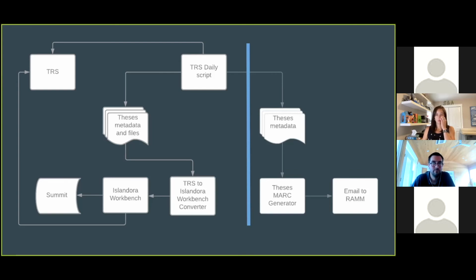And this little custom script is nothing but a simple HTTP script that will post to an API on the TRS to disable that student's account. So that student cannot log in anymore unless they contact the thesis office and explain why they want to log in.